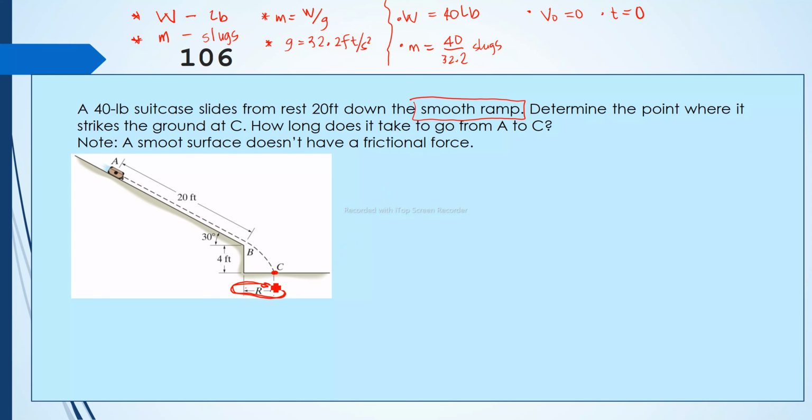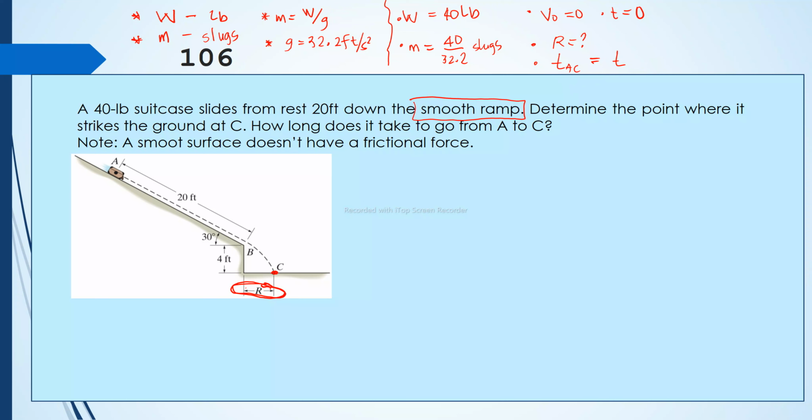How long does it take to go from A to C? So we're asked to find the R, and then the total time traveled from A to C. In this type of problem, we have an inclined surface and then we don't have the surface on this one.